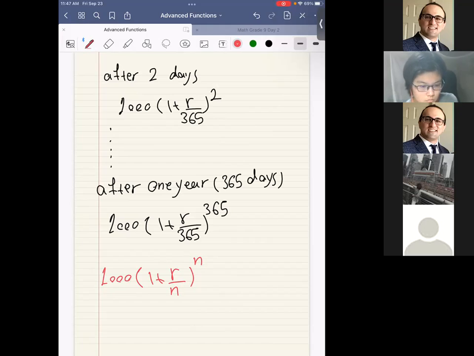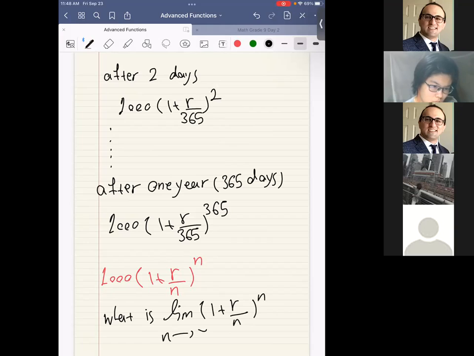Now, the question is, what is the limit of 1 plus R over N to the power N when N goes to infinity? Imagine computing the interest every second. Then you get a very large number for N.